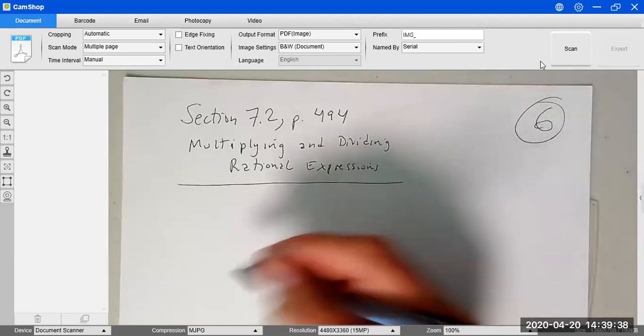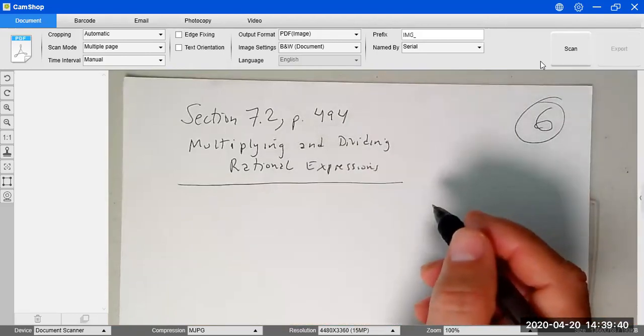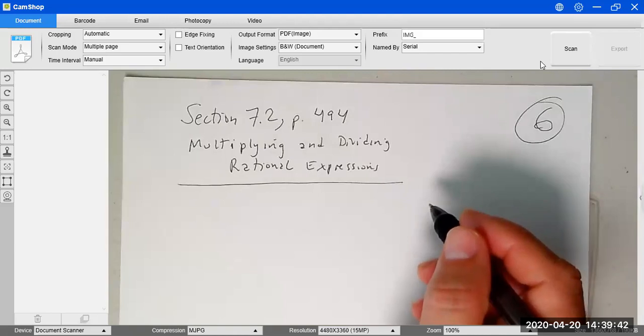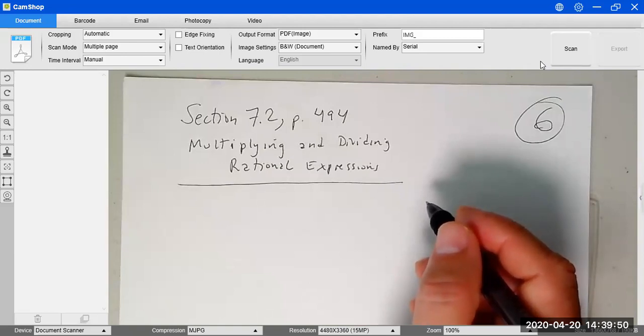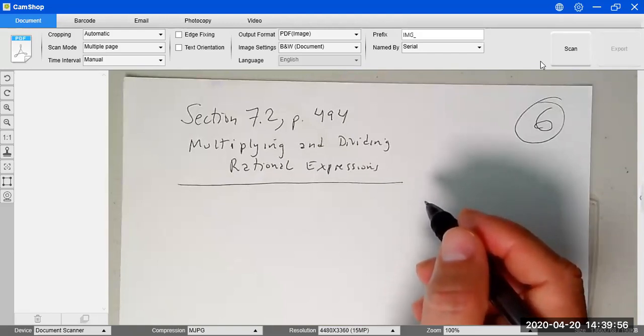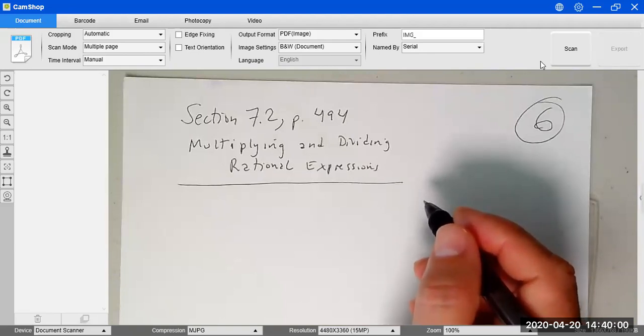The rules are very similar to the rules that you follow when you add, subtract, multiply, and divide fractions. So when you multiply and divide fractions, you multiply across when you have a multiplication, and when you have a division, you just write the reciprocal of the second fraction, and then you get just a multiplication. We're going to do the same thing here. The only difference is that we are working with polynomials instead of just numbers.